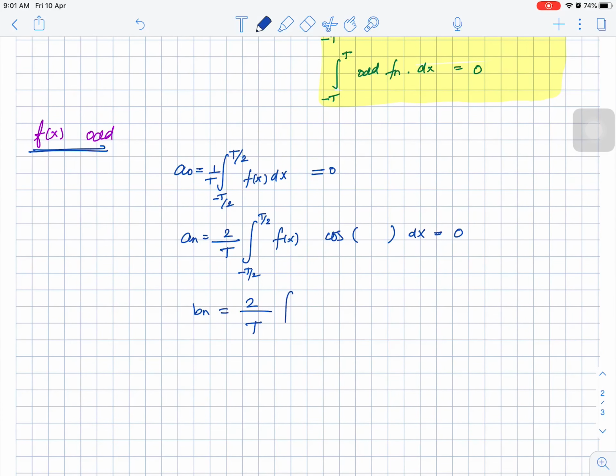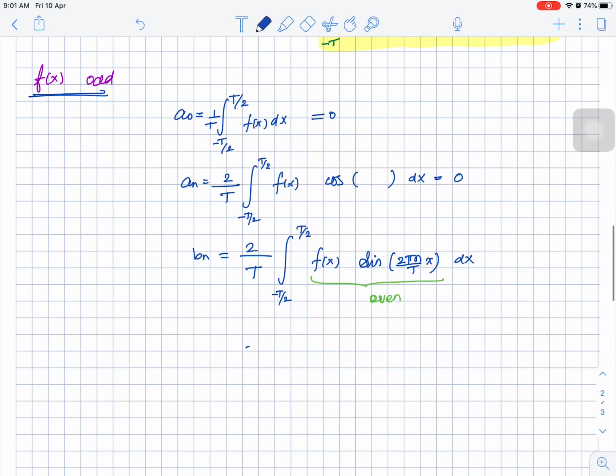bn equals 2 by T, minus T by 2 to T by 2. F of x is odd, and sine is odd, so an odd function into an odd function, this multiplication becomes an even function. Then we can write this term as 4 divided by T, 0 to T by 2, f of x sine of 2 pi n x by T dx, so bn.